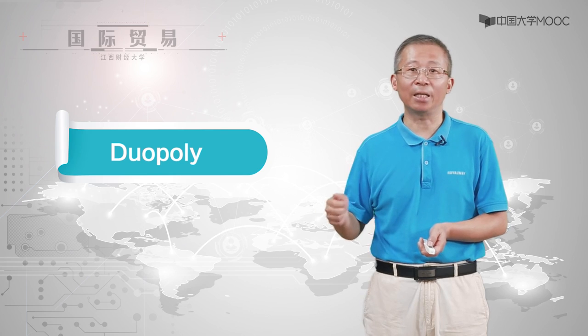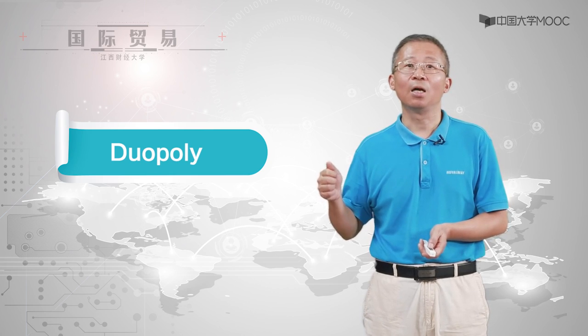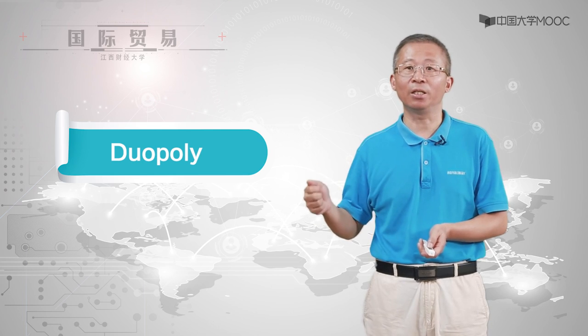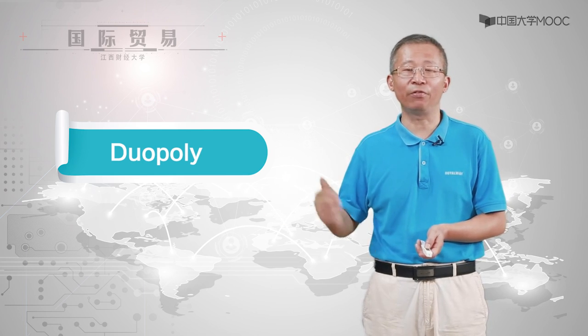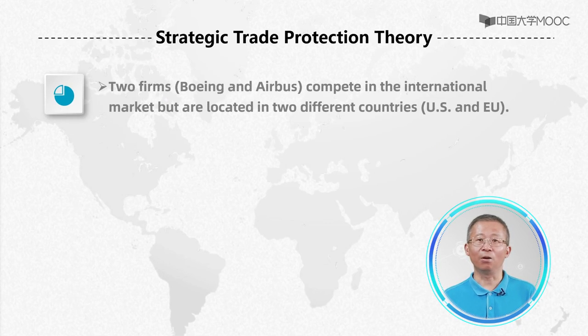It means that each firm can set the price and the quantity of its output based on the price and the quantity decision of the other firm. Let's call the firms Boeing and Airbus, and the countries the United States and Europe.